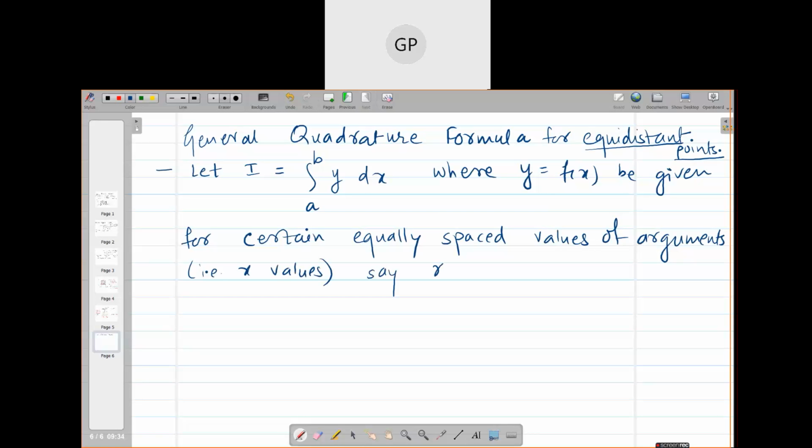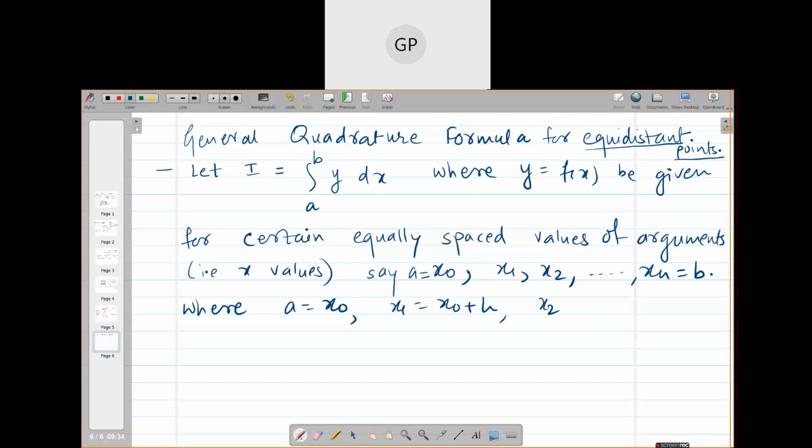Say x naught. So x naught is equal to a. A is equal to x naught, I will write. Then x1, x2 up to xn, and xn is going to be b, where a is x naught, then x1 is equal to x naught plus h, x2 is equal to x naught plus 2h, and so on.